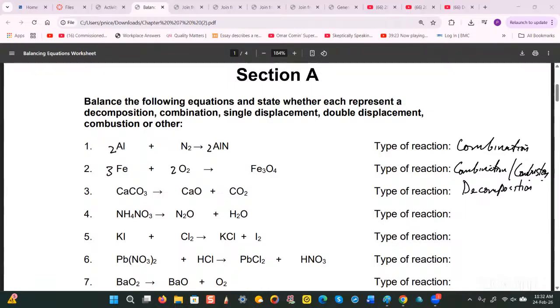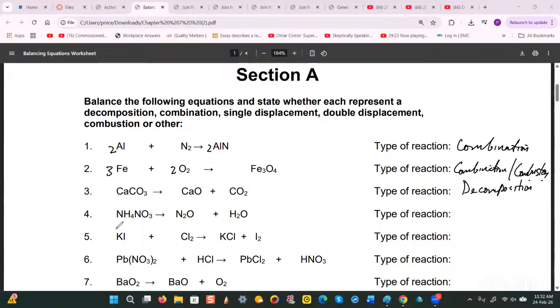Okay, number 4. Let's balance it first. So how would you go about balancing this? Wait, what did you just say? For number 4?